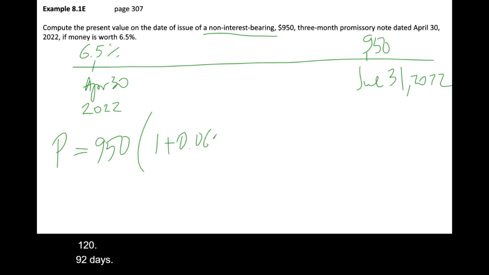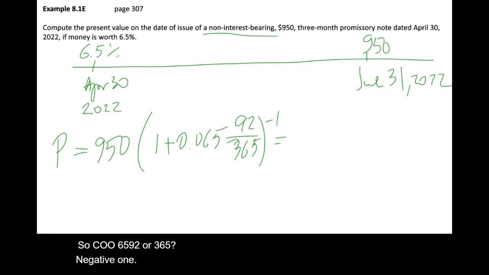So 0.065, 92 over 365, minus 1. $934.69. Any questions?